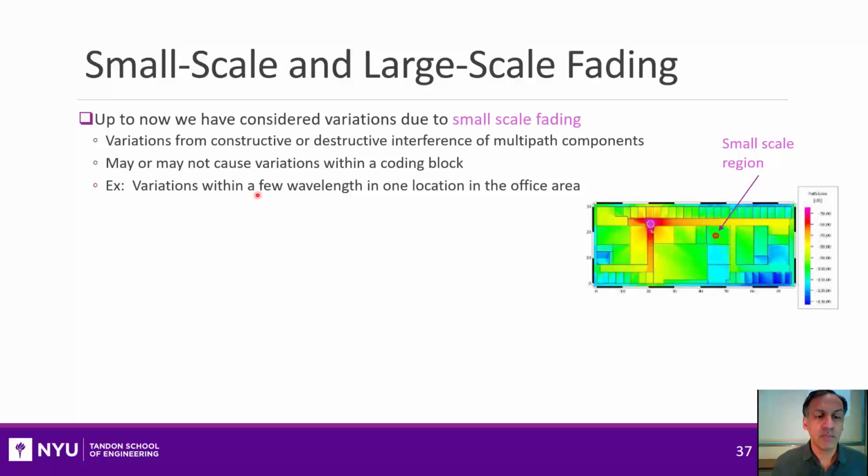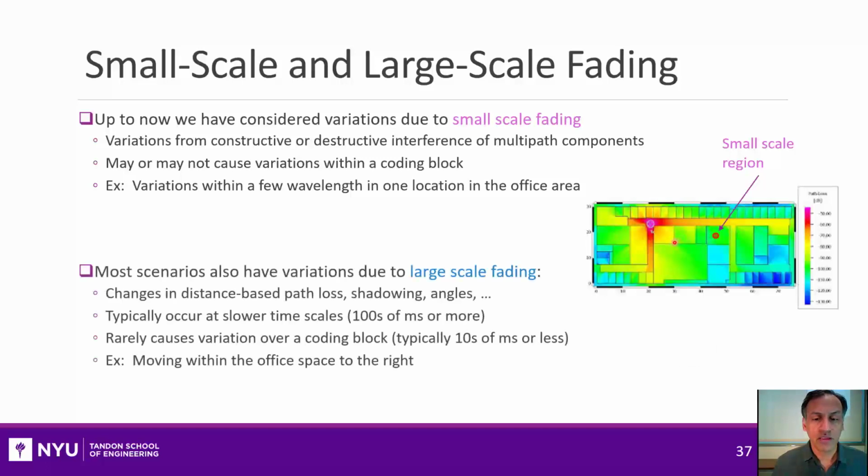All right? And these may or may not vary within the coding block depending on the size, time, or frequency of that coding block. But just physically, this means the following. Suppose I had like a room or office like this, right? Those variations could happen in a very small spatial area, or even in a particular point could happen over frequency.